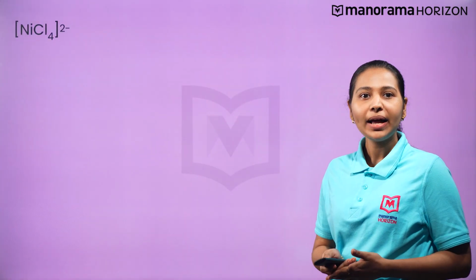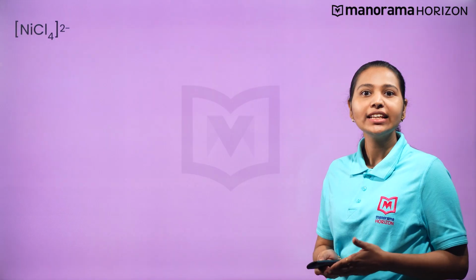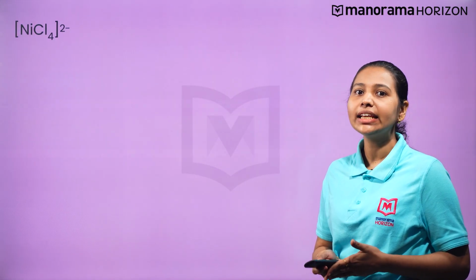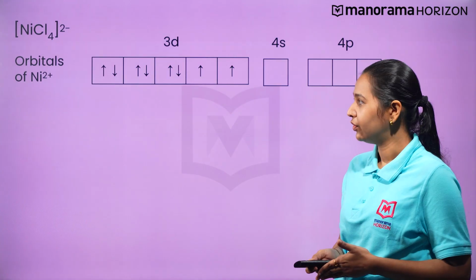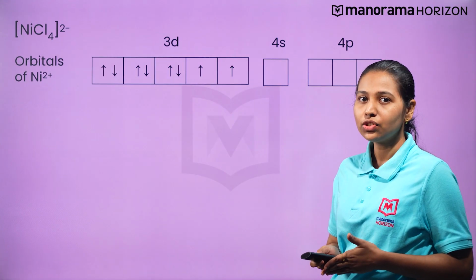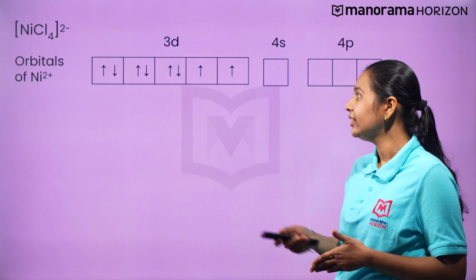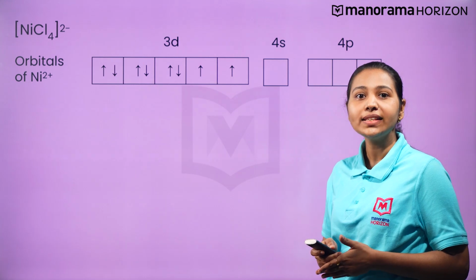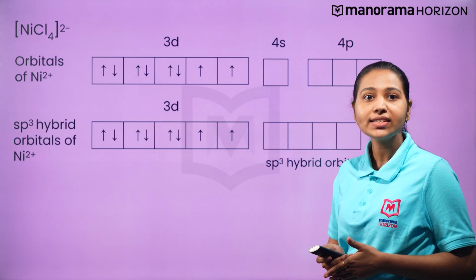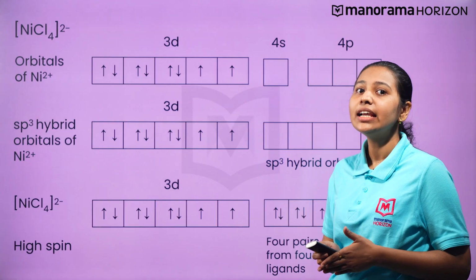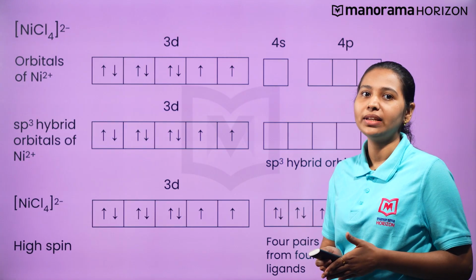For instance, magnetic susceptibility studies revealed that the tetrachloronickelate(II) is a paramagnetic complex. Looking into the electronic configuration, the paramagnetic nature can be explained only if the 3d orbital remains unpaired. This results in sp3 hybridization and hence tetrachloronickelate(II) is a tetrahedral high spin complex.